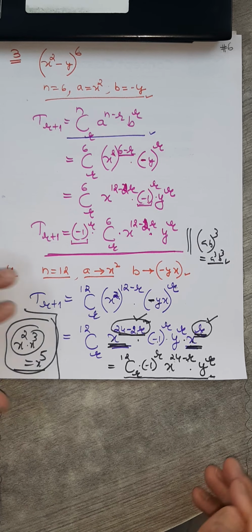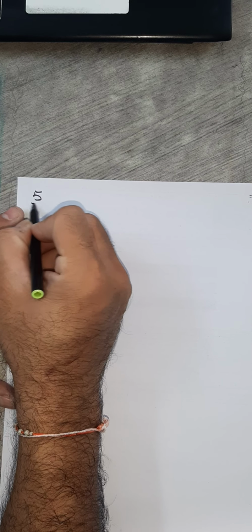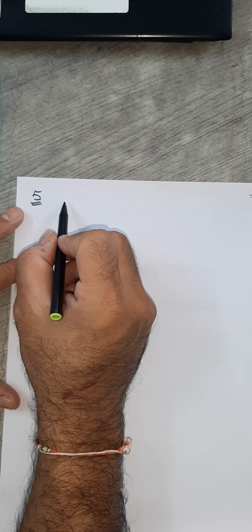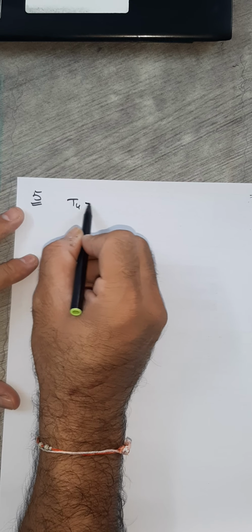Now, what about next? Next question. Question number 5, fifth question. Find the fourth term in the expansion of this. Fifth question, right? You are given some expression, you want T4. This is the question. Get T4. For which expression?